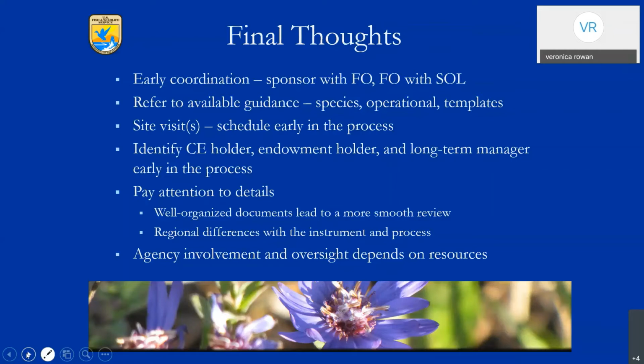It's good to identify the conservation easement holder and endowment holder early in the process, so we don't have any hiccups there. Sometimes there can be disagreements about who can hold the different elements of the conservation bank, the conservation easement, or the endowment. I think I've said this before.